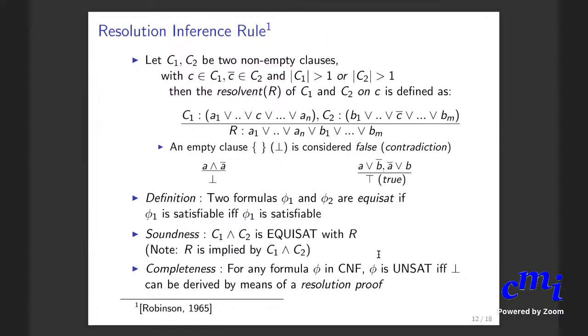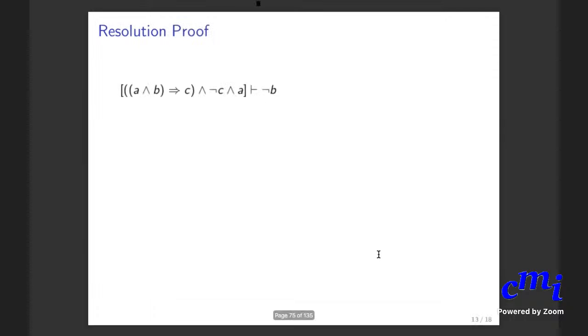So I will show you an example in the next slide. Remember the formula that I used in the motivation slide, where I claimed that from a set of three declarative statements, we could conclude not B. I'll show a proof of this using resolution inference rules.